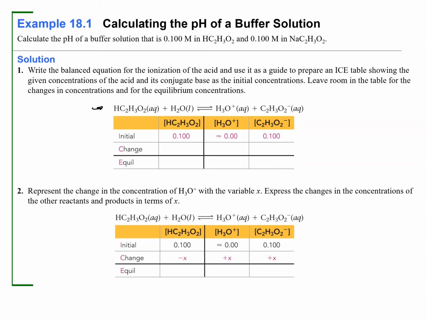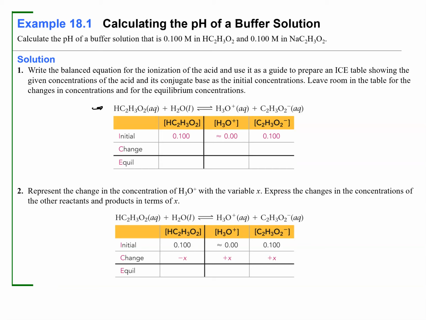And so we're going to set up our ICE table where we're excluding liquid water because it doesn't participate in the equilibrium. So we have 3 terms. We have 1 term on the reactant side and 2 terms on the product side. On the reactant side, we've got our acetic acid, and on the product side, we have hydronium and acetate.